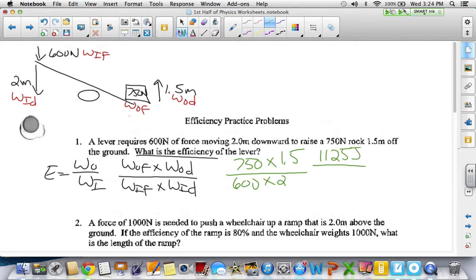And 600 times 2 is 1200. So 1125 divided by 1200 equals 0.9375. But remember, we want to find the efficiency, so we multiply that by 100, and we end up with 93.75%. And there's our final answer.